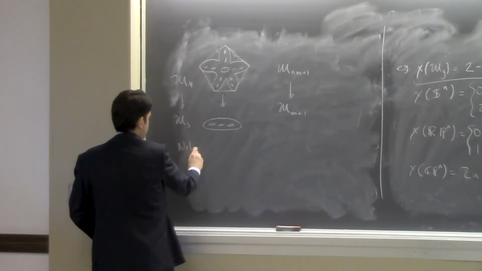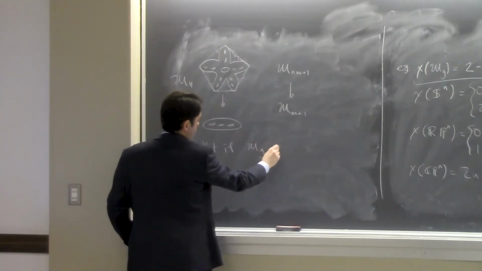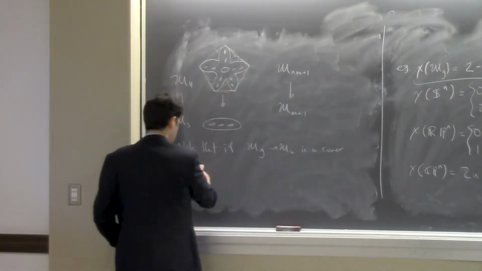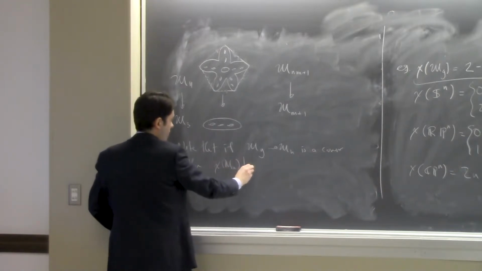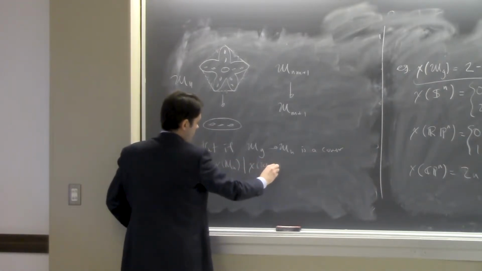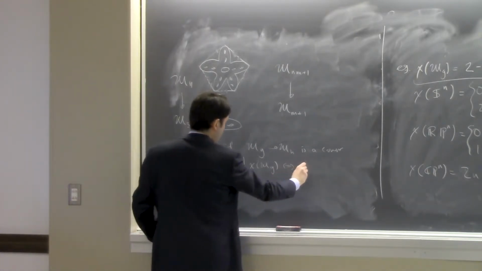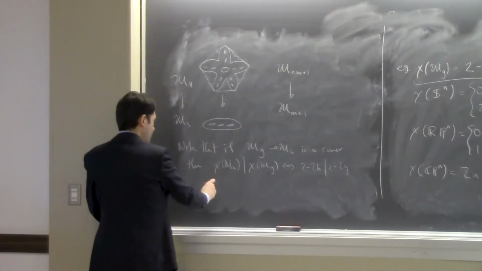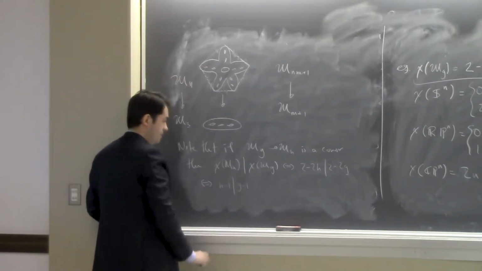Note, if Mg over Mh is a cover, then the Euler characteristic of Mh has to divide the Euler characteristic of Mg. Well, that's the same as saying that 2 minus 2h has to divide 2 minus 2g, and that's the same as saying that h minus 1 divides g minus 1.